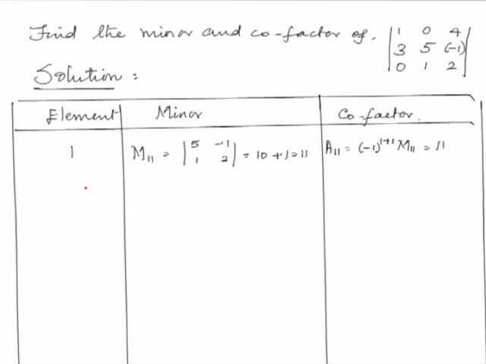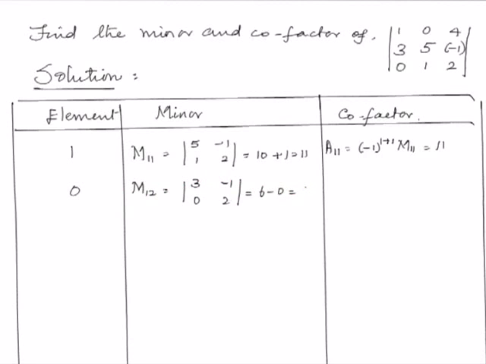Now, the next element is 0. Now, should you calculate the value for 0? Definitely yes. Don't think that you can ignore the minor and cofactor for 0. Yes, let us proceed. Now the element is 0, so the position is 1, 2. So M12, we'll have to ignore the corresponding row and the column.